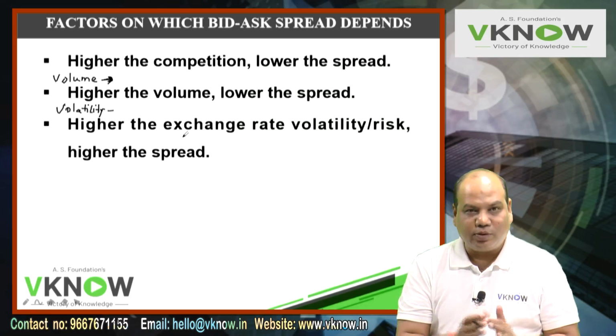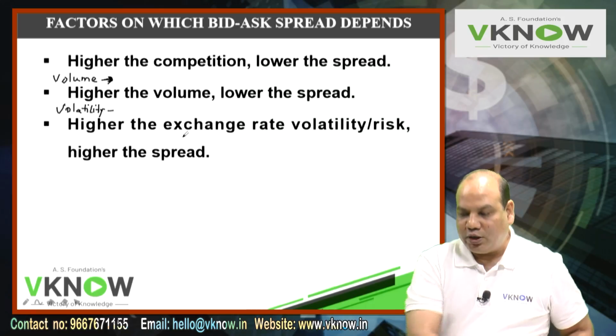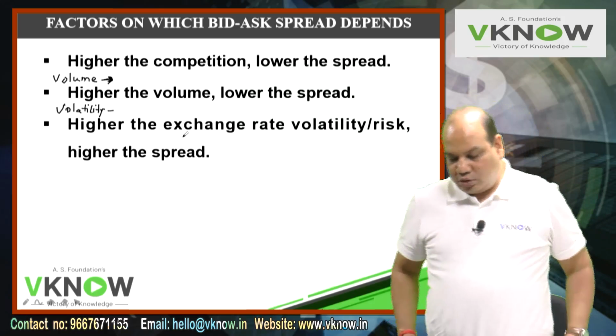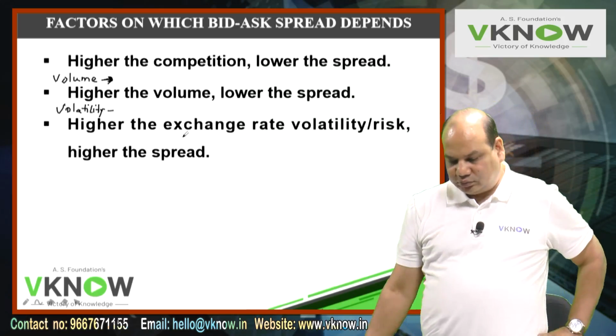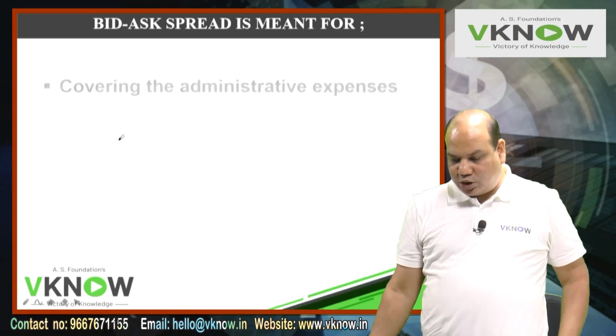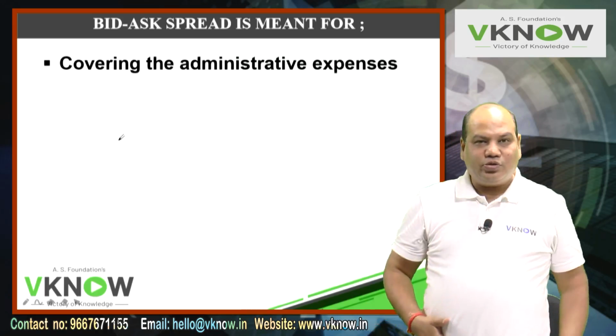If you make more profit, it can compensate for a loss. So the higher the exchange rate volatility or the higher the risk, the higher will be the spread. These are the 3 reasons I have mentioned. You can add some more, just read some good books and do some research on your own.